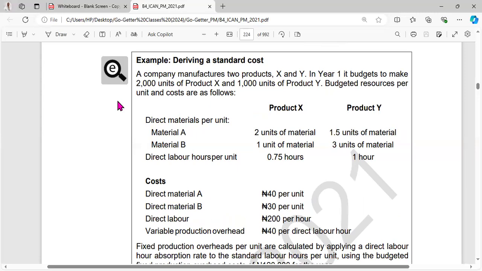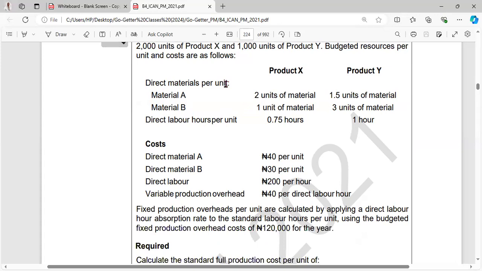Now, see, because now they said this is not one unit, it's more than one. You see the word, it's budgets. You can never say standard when it is more than one. So when it's more than one, you say budget, and here we now say budgeted resources per unit. Now, per unit is now standard.